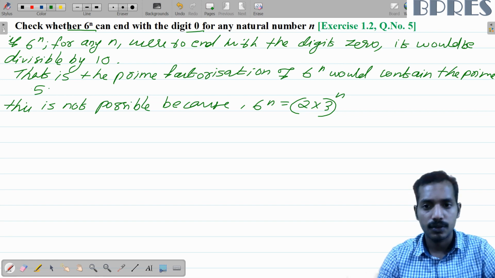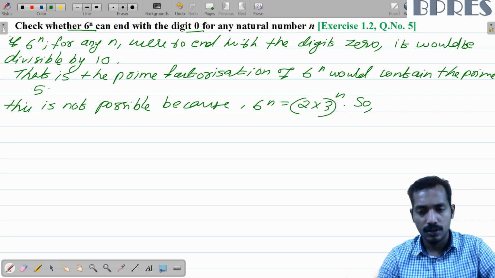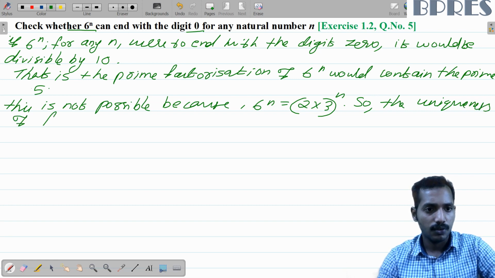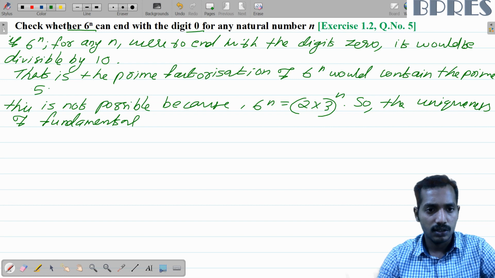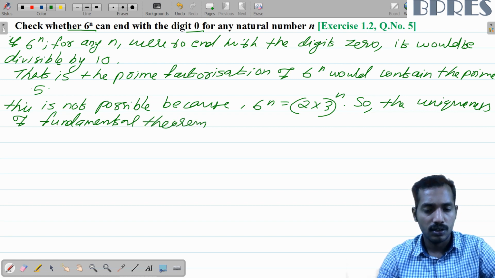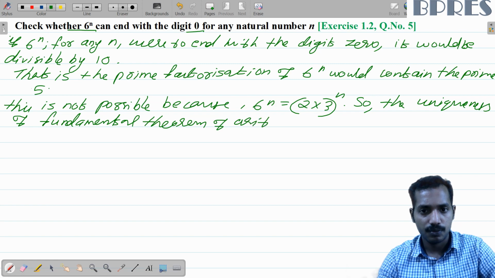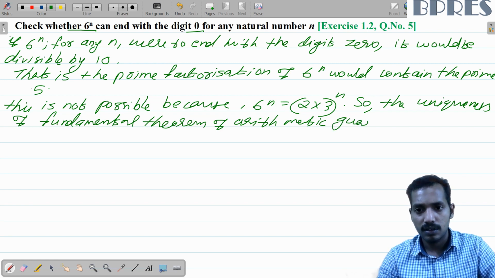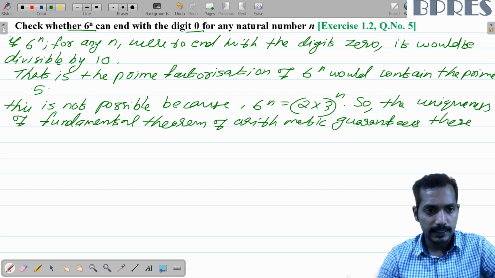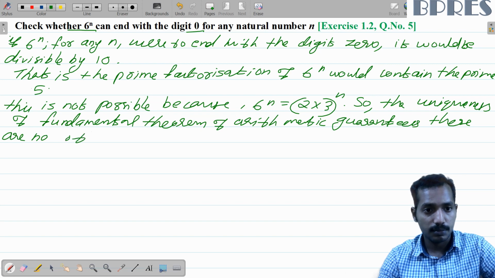Okay, so the uniqueness in the fundamental theorem of arithmetic guarantees there are no other prime factors, no other primes.